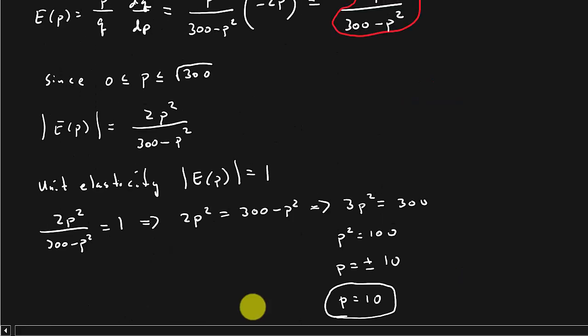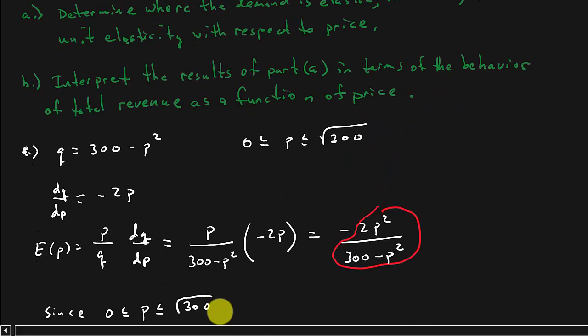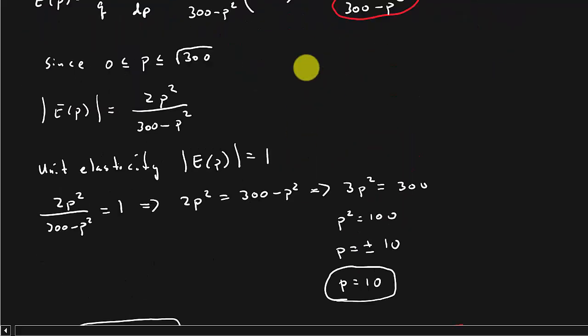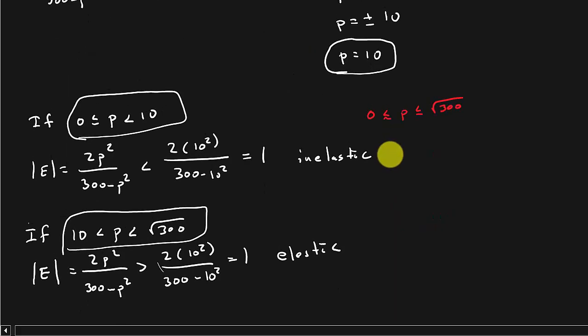All right, and then part B: interpret the results of part A in terms of the behavior of total revenue as a function of price. So basically, total revenue, where R equals PQ, increases when demand is inelastic.